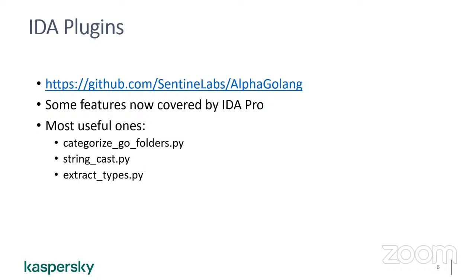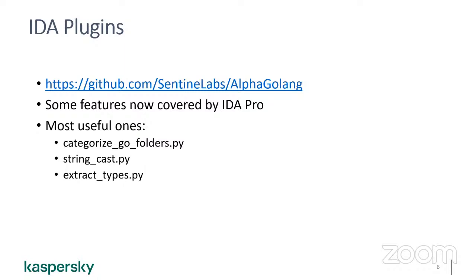Anyway, there is, first of all, this repository, which is called Alpha Golang, developed by my good friend, Juan Andres Guerrero Sad. He's a researcher from Sentinel-1. And yeah, he maintains this repository. I contributed one script to it. I will show you what some of these plugins do.